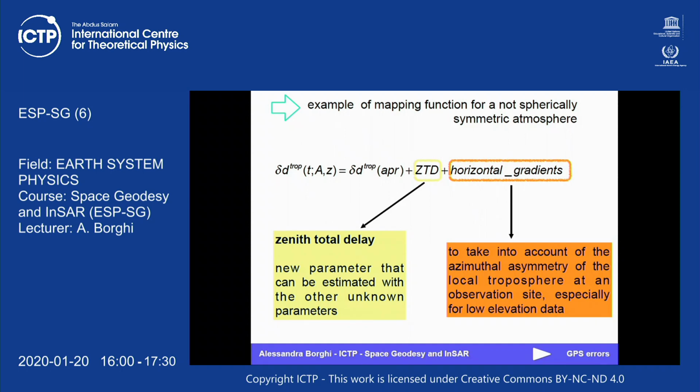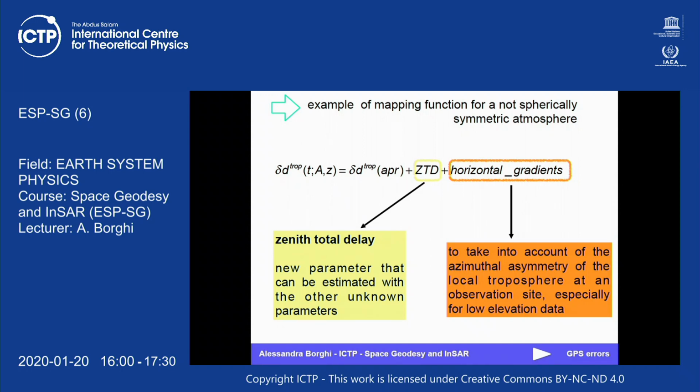So the number of unknown parameters is really increased, but it's not a problem because the receiver tracks the satellite and we collect observations at a given rate. For instance, we collect data every 30 seconds, every 10 seconds, and so on.